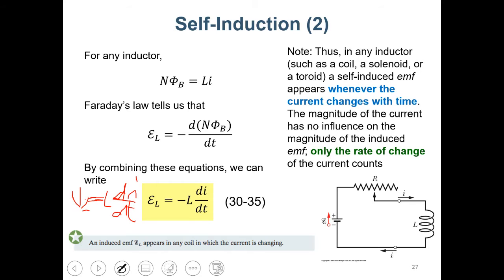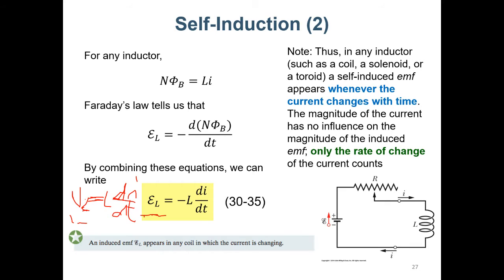That's why yesterday I mentioned that from a circuit point of view, sometimes you can imagine V is negative EL. Because from a circuit point of view, we consider VL the voltage drop for the inductor, and EL here means it acts like a voltage source or a battery-like element. So they should have a negative sign in between.